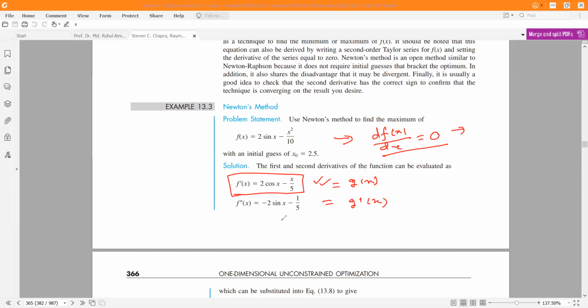If your initial guess is x0 equal to 2.5, then our recursive iterative algorithm would be: x(i+1) equal to xi minus g at xi, which is 2 cosine xi minus xi divided by 5, divided by minus 2 sine xi minus 1 by 5, isn't it? So any function can be there depending on the type.